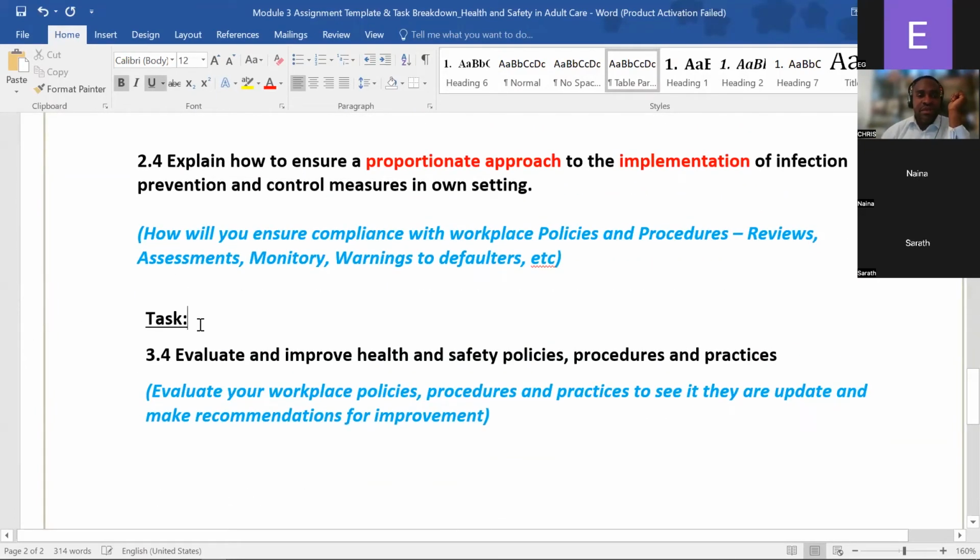So the last question, which is task 3, says evaluate and improve health and safety policies, procedures, and practices.